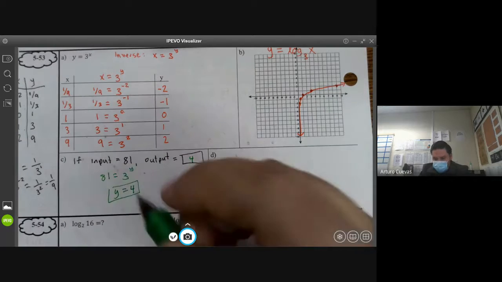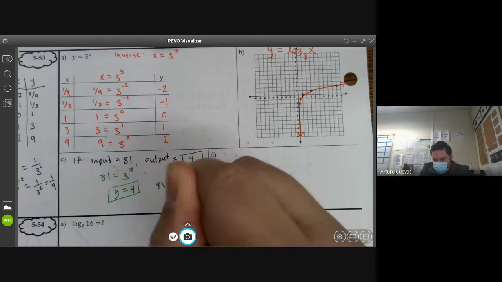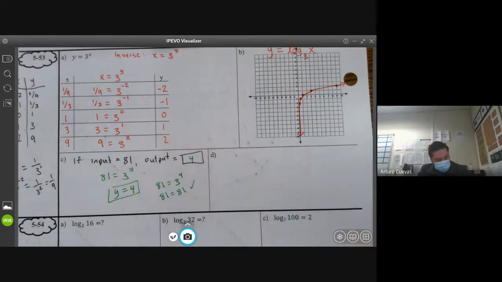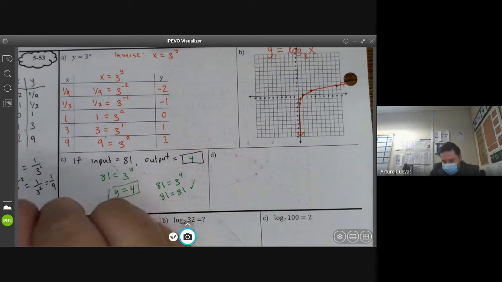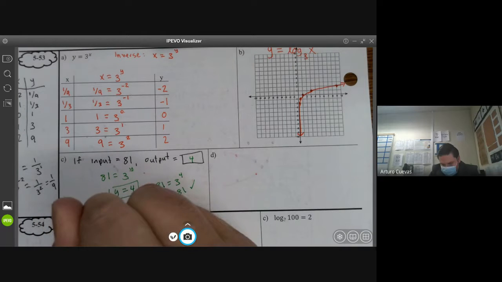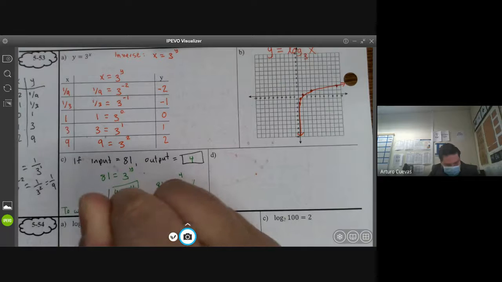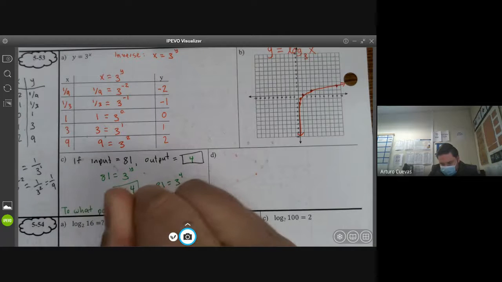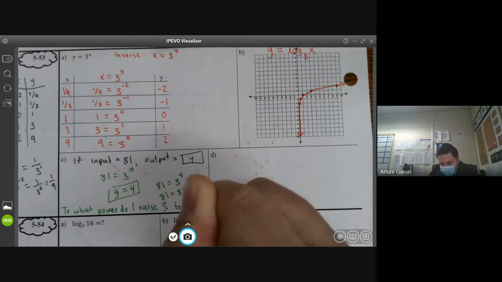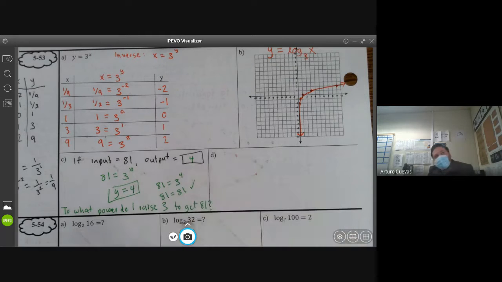If y equals 4, then you have 81 equals 3 to the 4th. So 81 equals 81, and it works. So that's the question. To what power do I raise 3 to get 81? That's the question this was asking. To what power do I raise 3 to get 81? And the answer was 4.